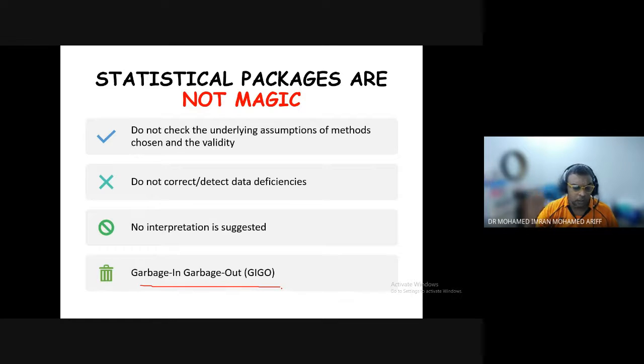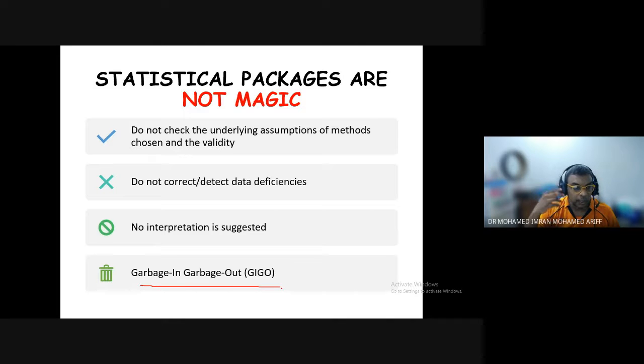Okay, you will get an answer. But whether the answer is right or wrong, now that's a question mark. That is why we say garbage in, garbage out. Whatever you put dalam any statistical package, you will get an answer. SPSS ke apa ke, you put in, you akan dapat jawapan dia. But whether it's right or wrong, now that's a question.